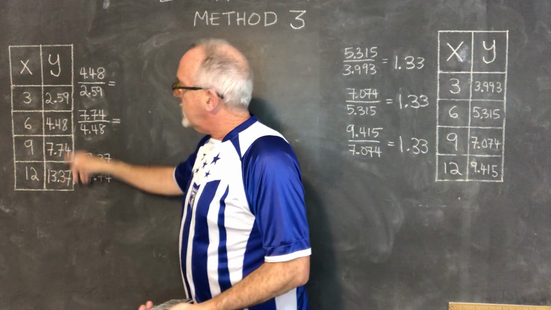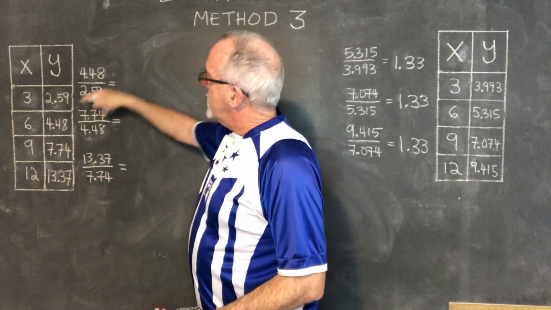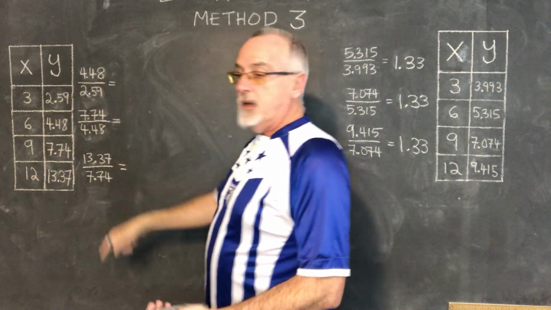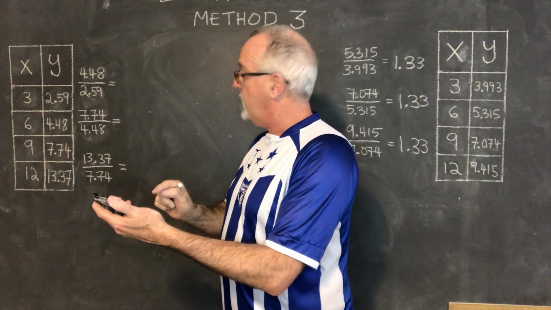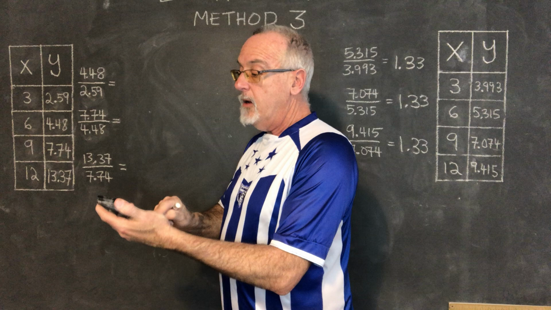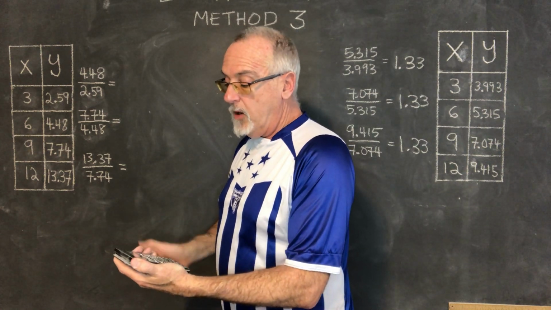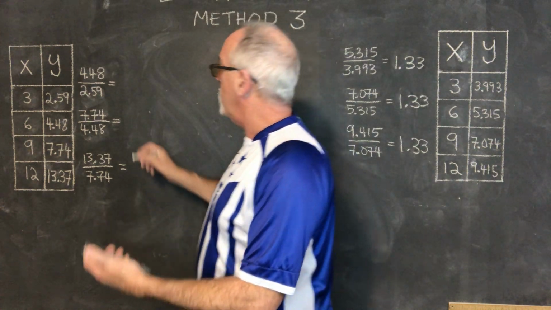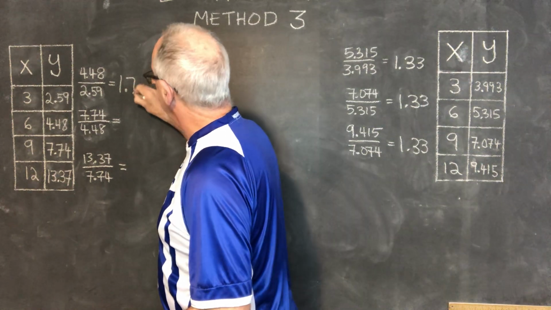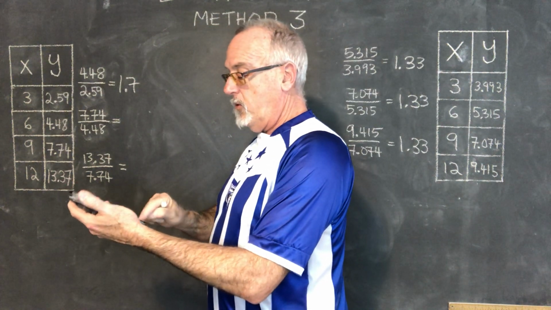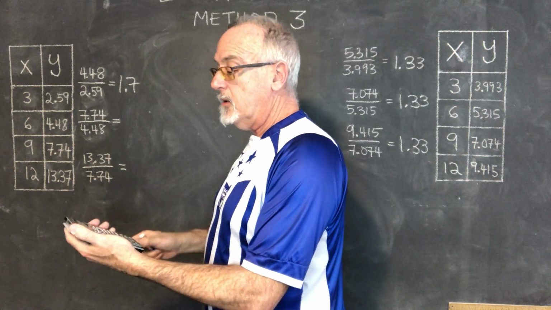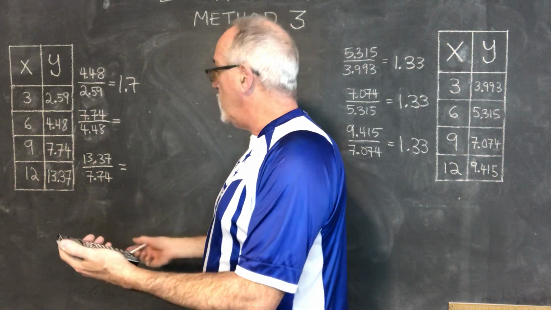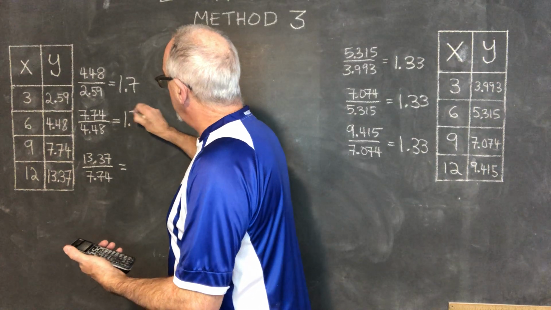So I've done the exact same thing. I am dividing the second y coordinate by the first y coordinate, etc. So let's get busy and do it. 4.48 divided by 2.59 equals 1.7297, so I'm going to say that rounds to 1.7. 7.74 divided by 4.48 equals 1.72, also rounds to 1.7.